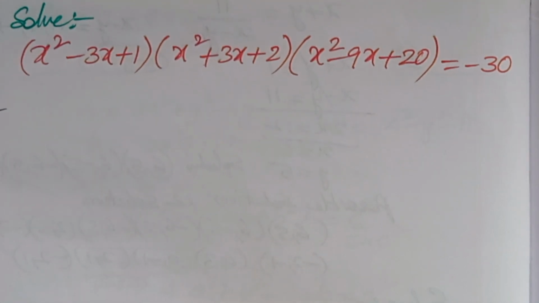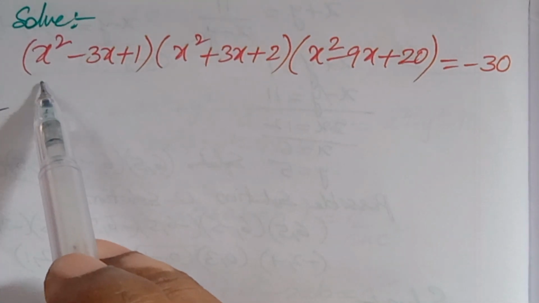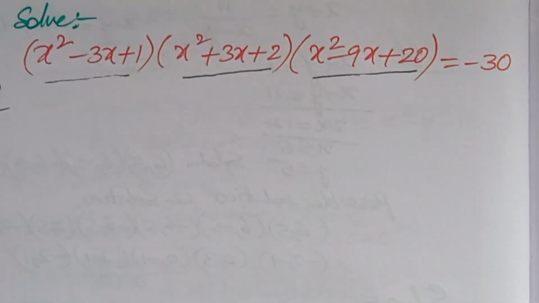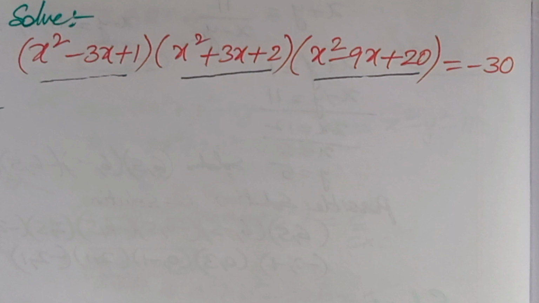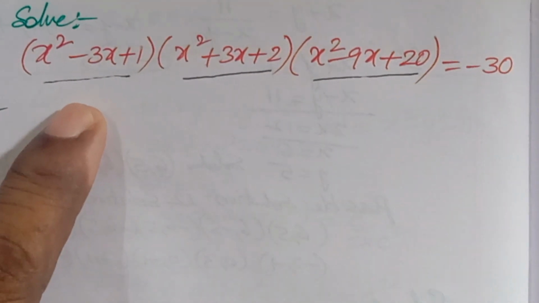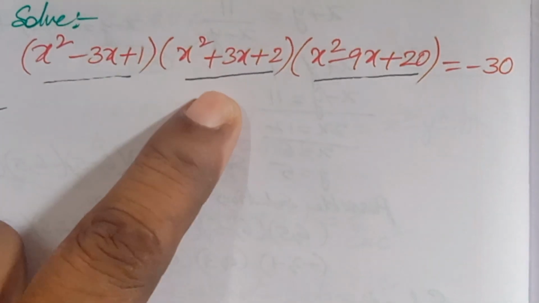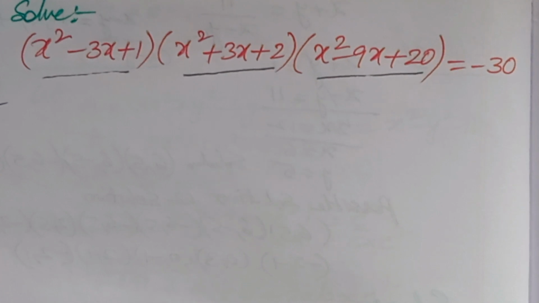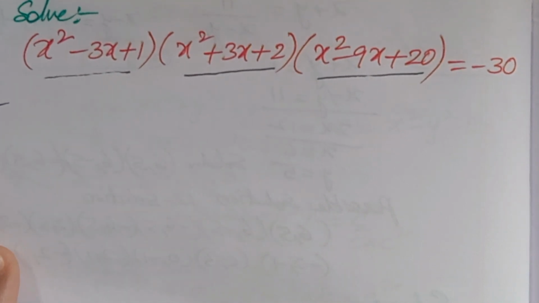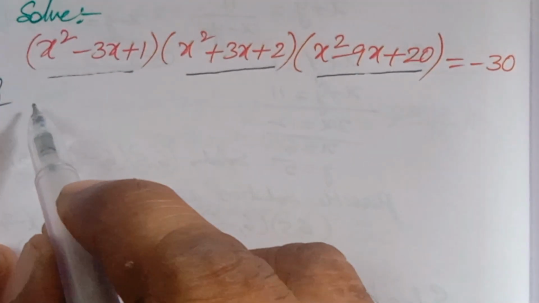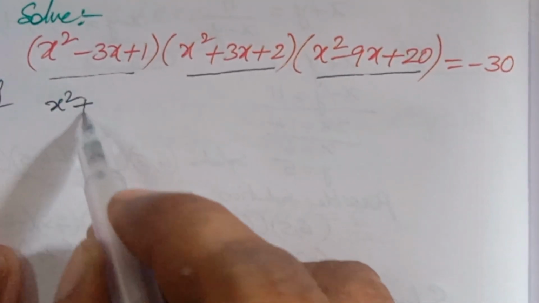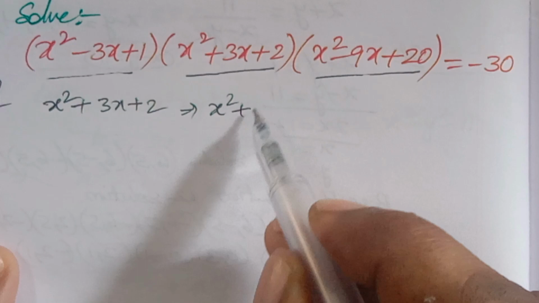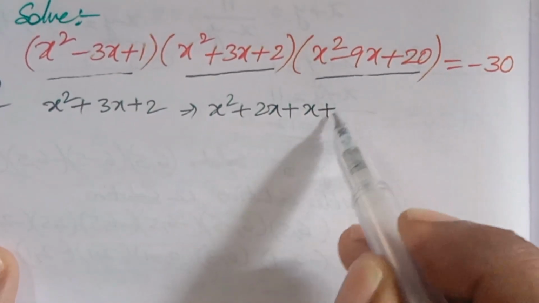So here, if you see x² − 3x + 1, x² + 3x + 2, x² − 9x + 20, here delta is less than 0, here delta is greater than 0, here also delta is greater than 0. So how to solve them? If you take the second one, x² + 3x + 2, you can write the factors as x² + 2x + x + 2.